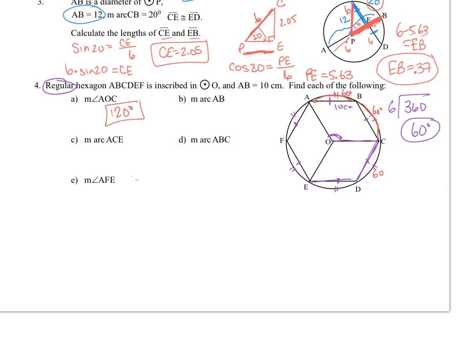Because all of these are 60, and this is a central angle, it's going to be the same as the intercepted arc. The measure of arc AB, well, we just found that. That's 60 degrees.